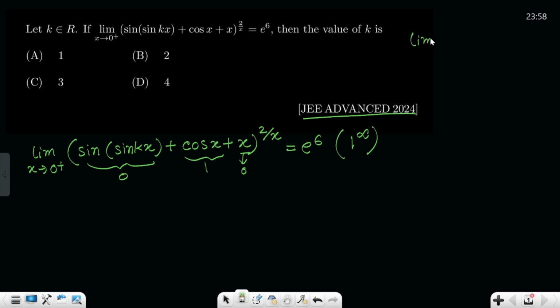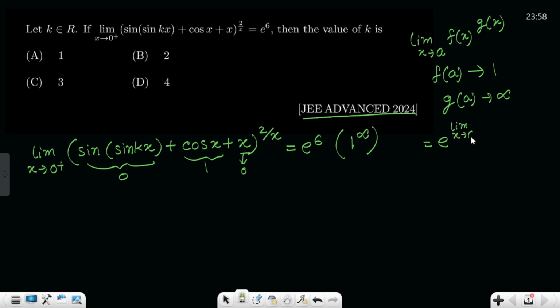If there is something like limit x tending to a of f(x) to the power g(x), and f(a) is tending to 1 and g(a) is tending to infinity, that means it is making the 1 to the power infinity form, then we can say that this limit is equal to e to the power limit x tending to a of g(x) into (f(x) minus 1). So this is the formula. We will apply this here.